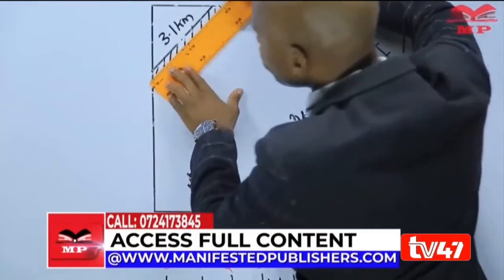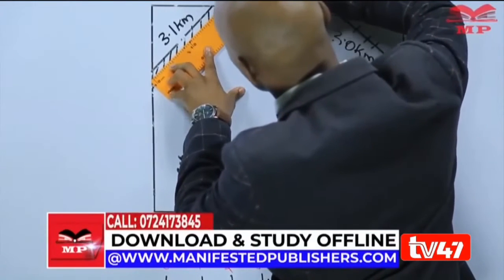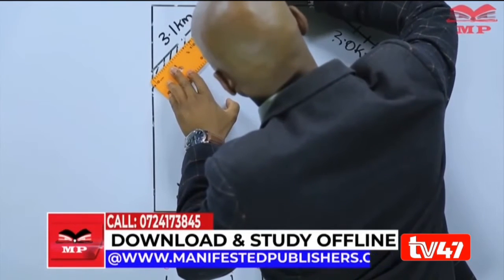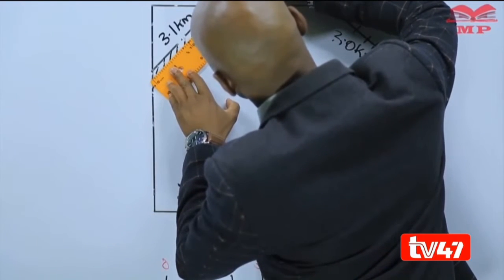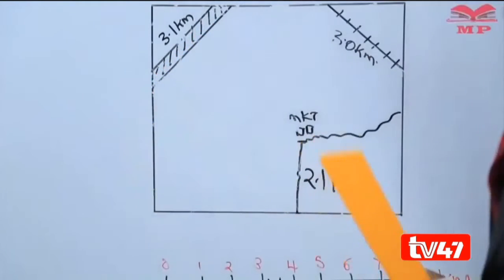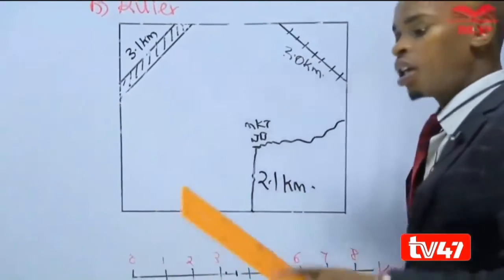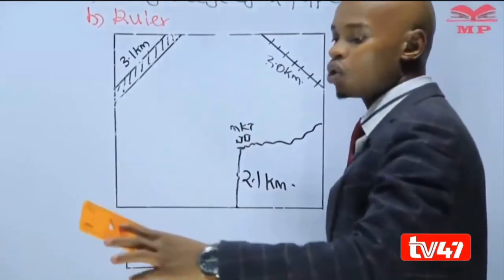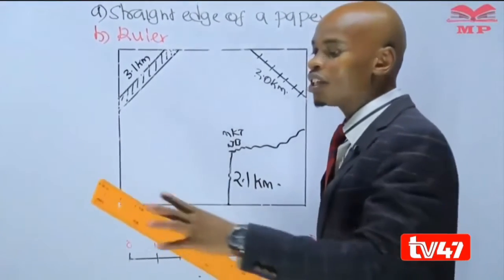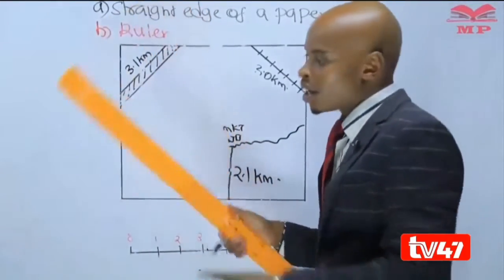and make sure that you have marked on your ruler. The reason why you are marking on your ruler is because the measurement on the ruler does not matter. In this case, you are using just a ruler because it is a straight edge.